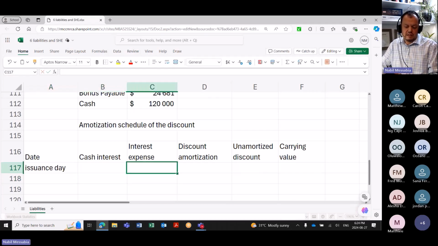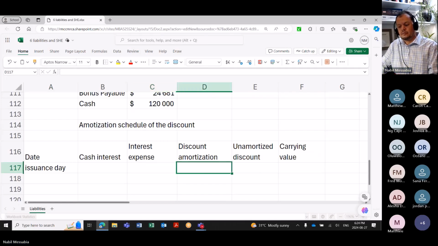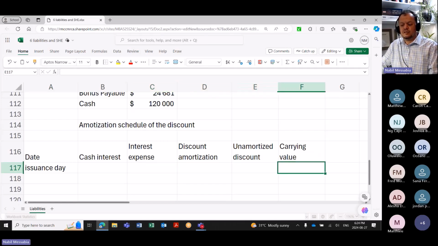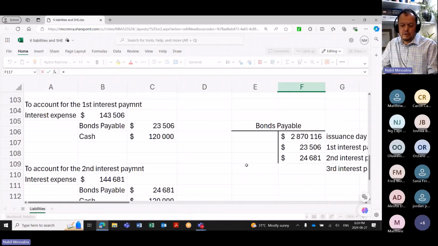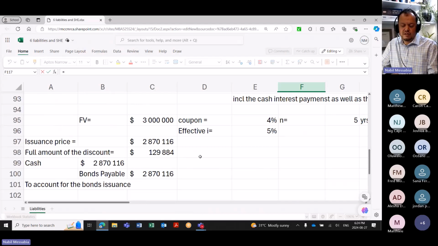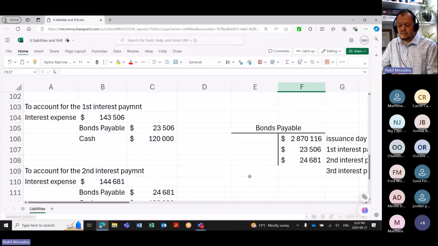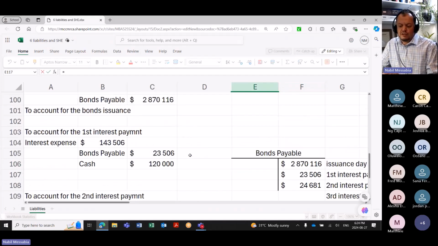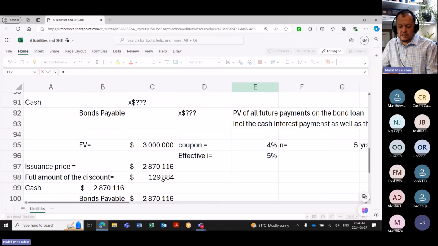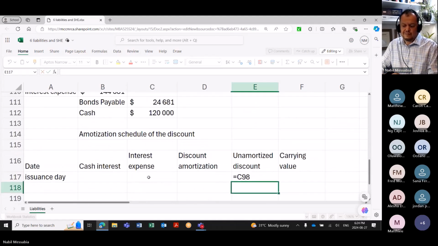At the day of the issuance, there is no cash, of course. At the day of the issuance, the carrying value is equal to the 3 million minus the discount. Let's start with the unamortized discount. At the day of the issuance, we have an unamortized discount of $129,000.